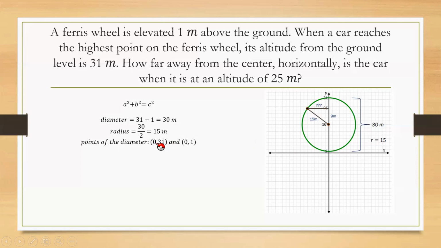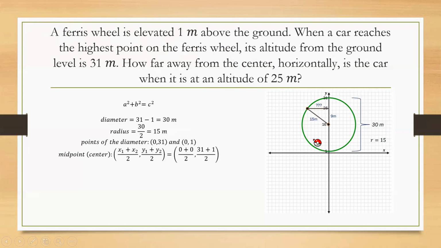Therefore, the x-coordinate for this point is just 0, and the y-coordinate is 31 because, again, it is elevated at 31 meters. And then for the next point, which is down here, it is (0, 1). The y-coordinate is 1 because our Ferris wheel is elevated 1 meter above the ground.